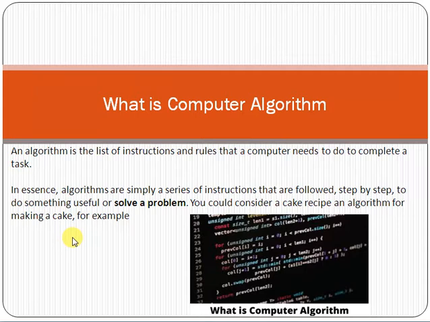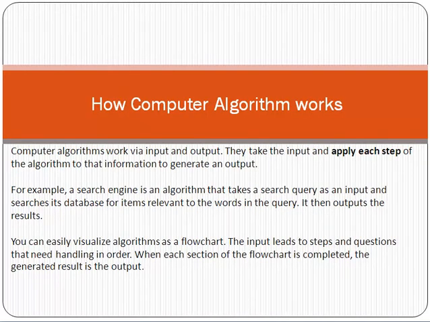So the food recipe is a very good example of an algorithm. Similarly, just as you follow a step by step process to create a food item, in an algorithm we give a list of instructions to the computer to produce some output or result or solve some problem.